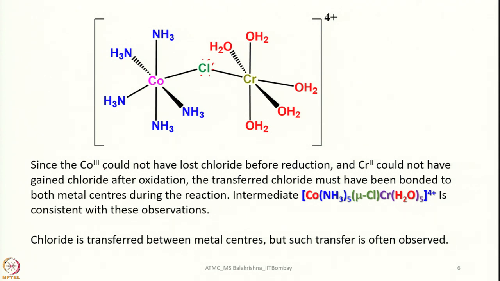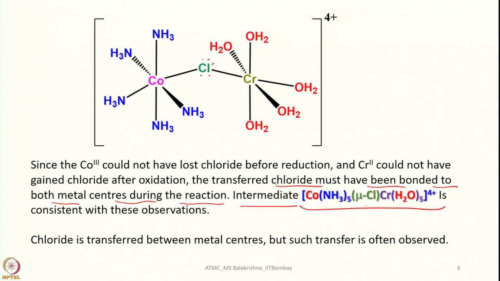Since cobalt 3 could not have lost chloride before reduction and chromium could not have gained chloride after oxidation, the transferred chloride must have been bonded to both metal centers during the reaction. This is what is very important. The intermediate species is consistent with these observations.